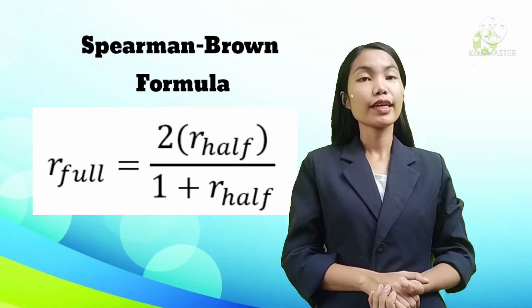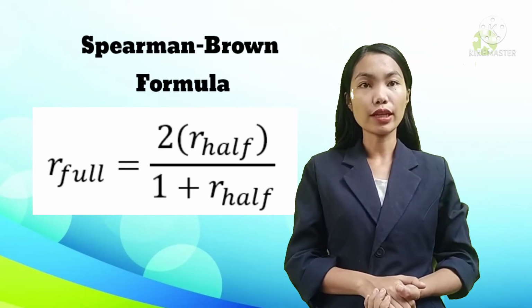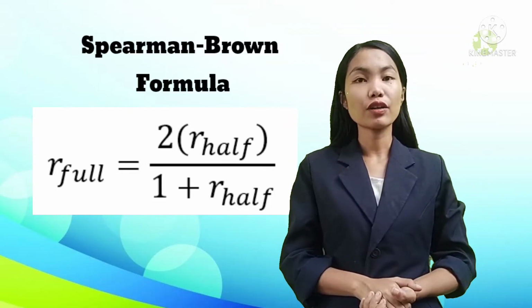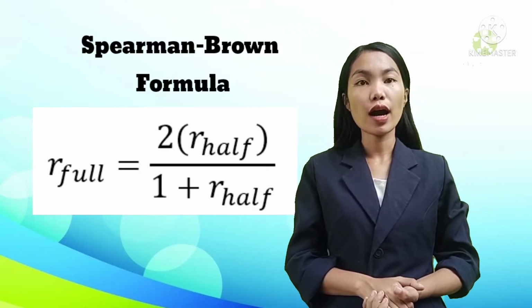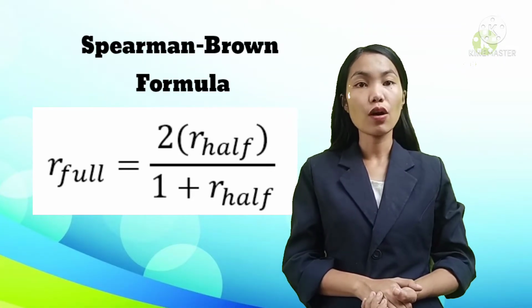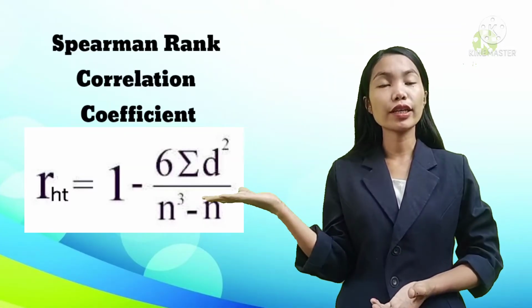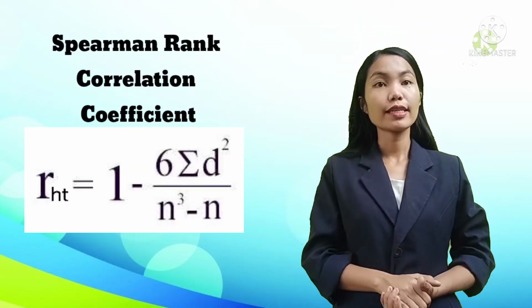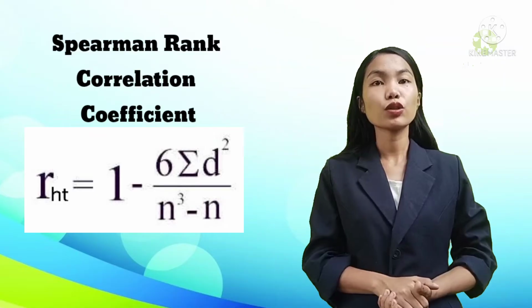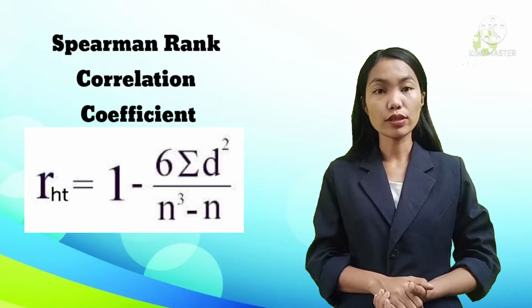Spearman-Brown Formula is also known as Spearman-Brown Prophecy Formula. It provides a rough estimate of how much the reliability of test scores would increase or decrease. Spearman Rank Correlation Coefficient is a statistical measure to show the strength of a relationship between two variables.